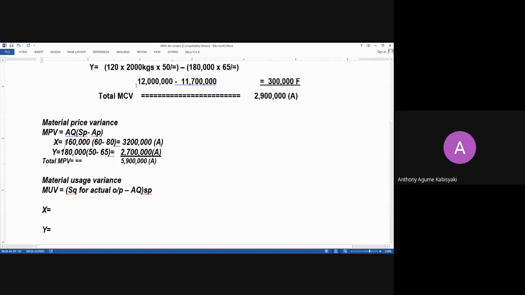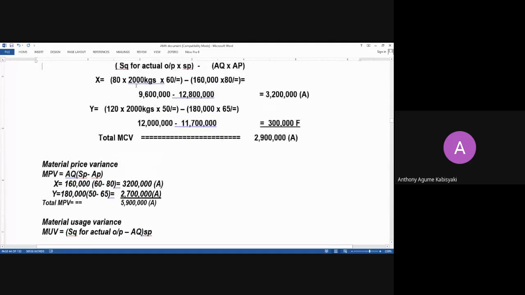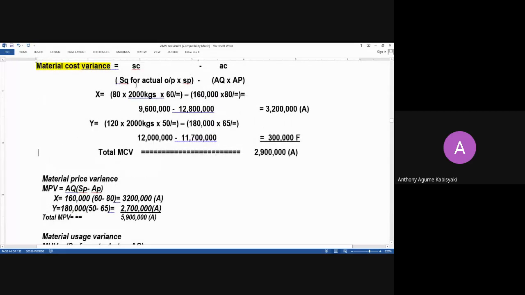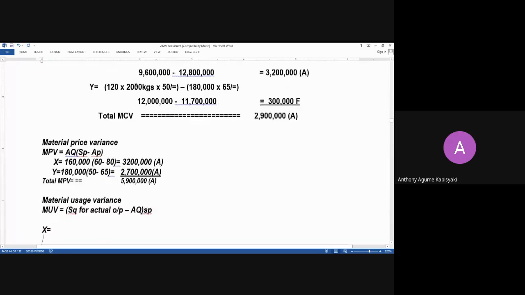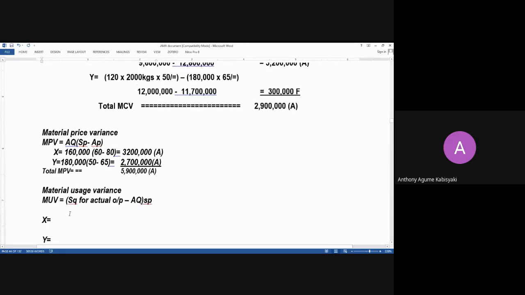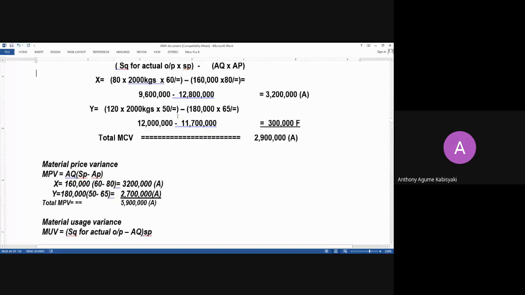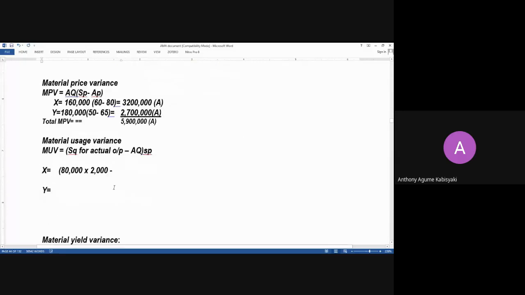For X, the standard is 80 units times 2000. Then minus actual quantity for X. Actual quantity for X is 160,000 units.